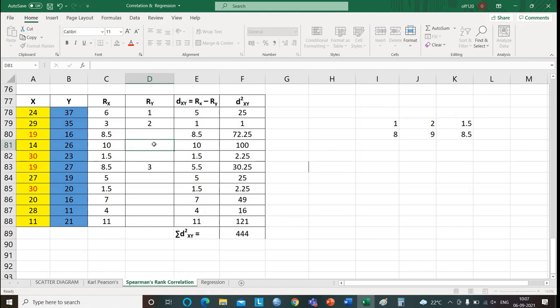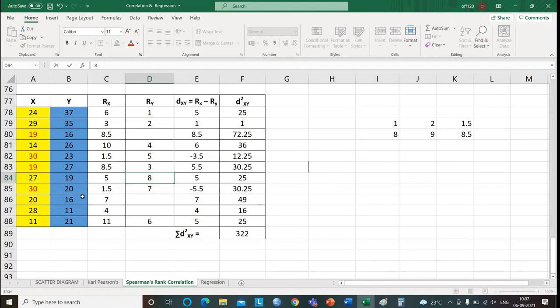After 27, we have 26, fourth rank. After 26, we have 23, fifth rank. After 23, 21 is sixth rank. Next, 20 is seventh rank. After 20, the highest number is 19, given as eighth rank.